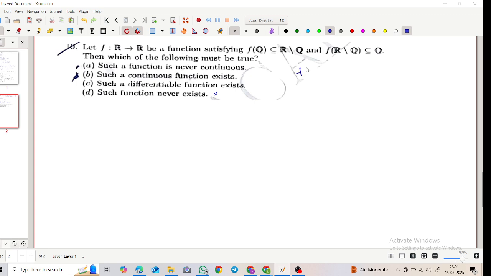You can of course define f of q to be root 2, and on R minus Q take it to be just 1. So the existence, you can define it. So option D doesn't make sense. But can it be continuous?